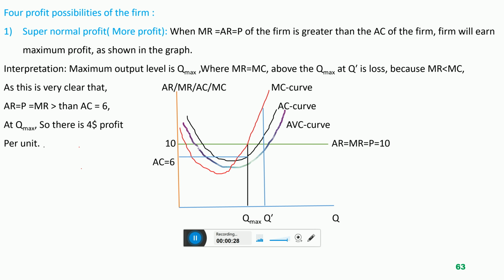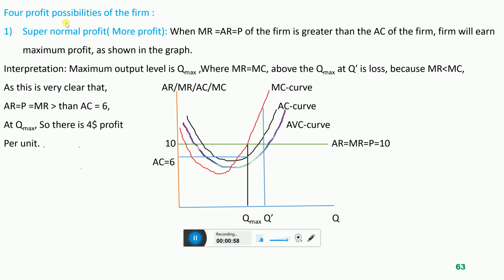Today we will determine the maximum profit, maximum output and minimum cost by graph. We will use the short-run average revenue curves and average cost curves to identify the maximum output level at minimum cost and identify the maximum profit of the company.